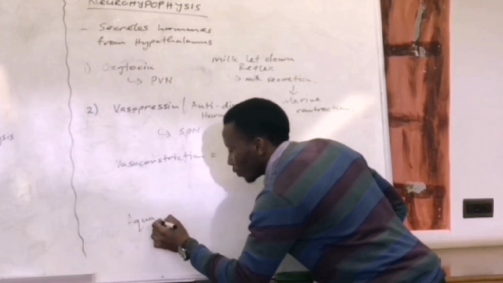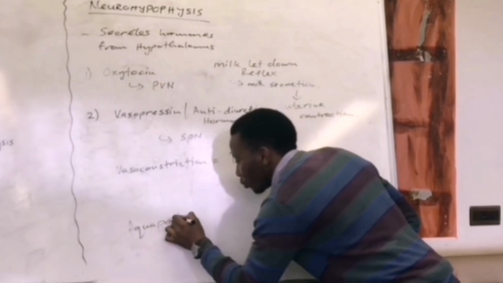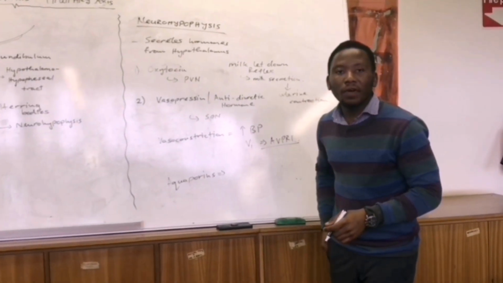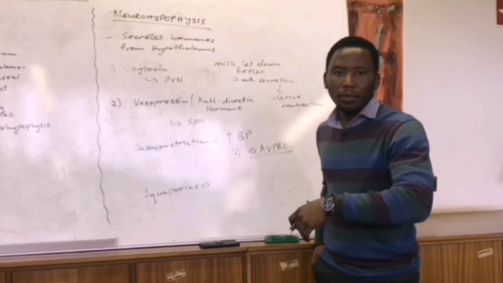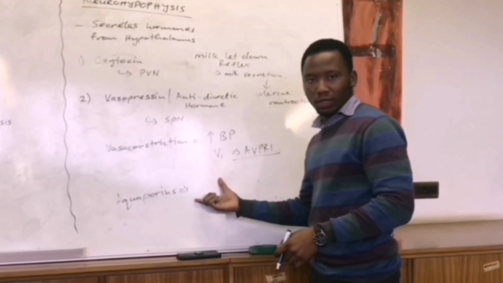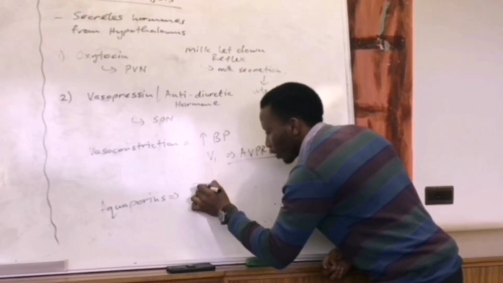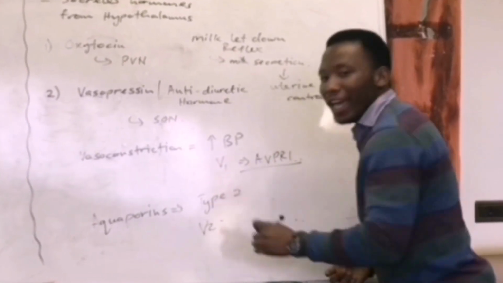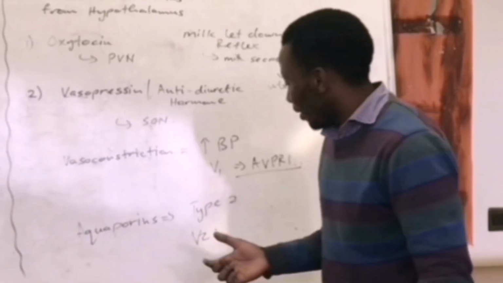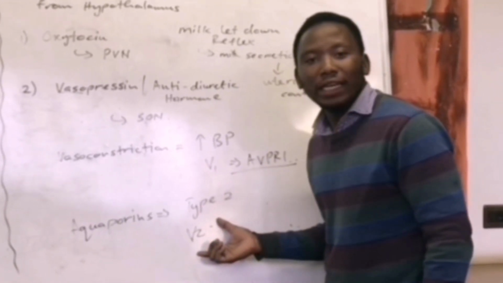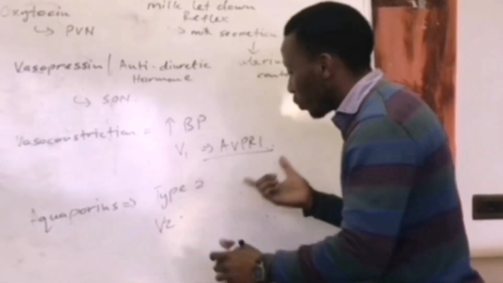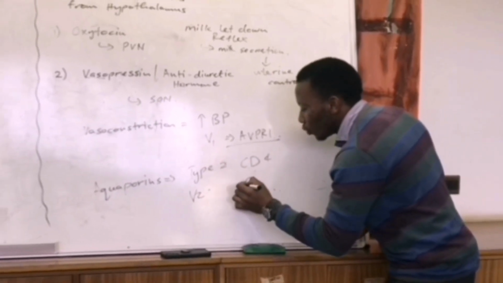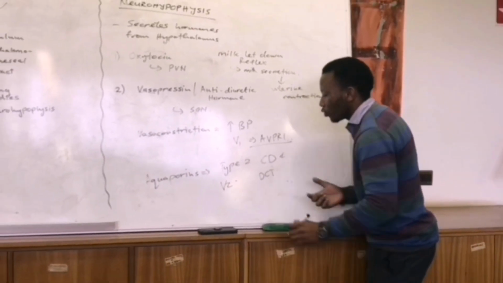These are water channels, special water transporters. We have different types of aquaporins, 1 through 7, but majorly we need aquaporin 2 in the kidney, via the V2 receptor, okay? Vasopressin has the V2 receptor in the kidneys, specifically your collecting duct and your distal convoluted tubule, okay?